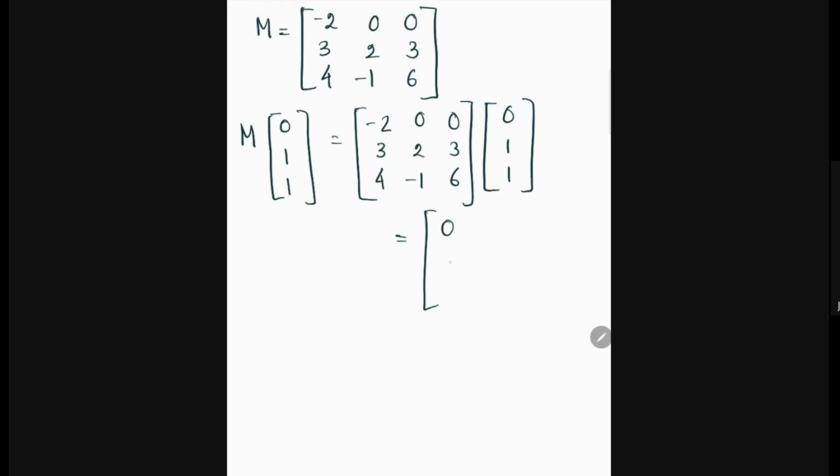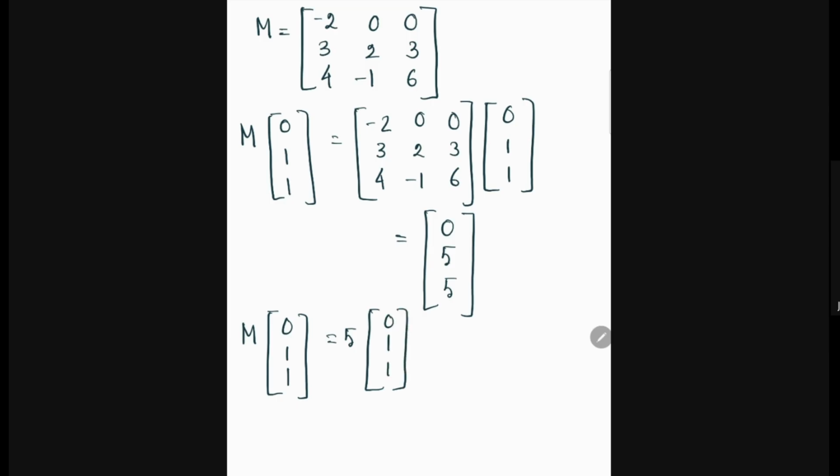Let's multiply. So 5 is an eigenvalue of M, right? Okay.